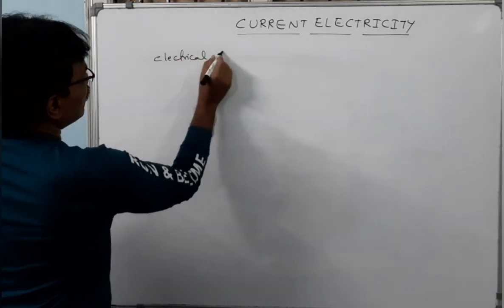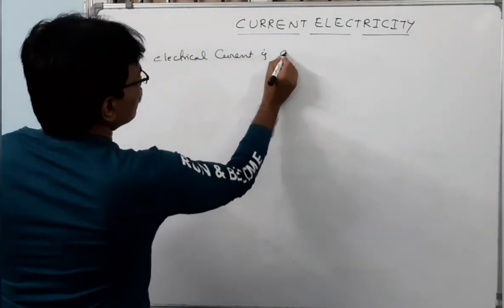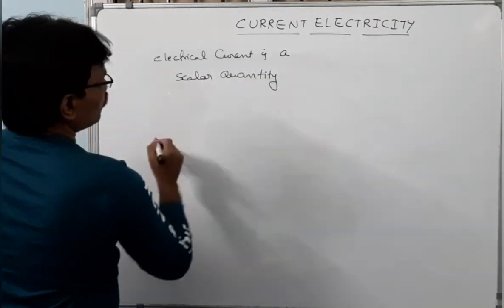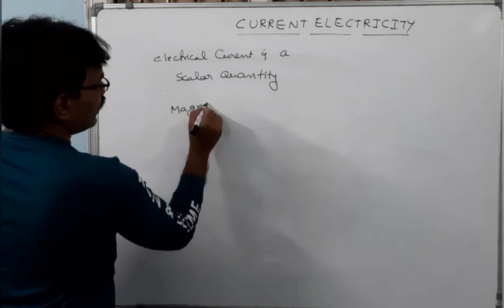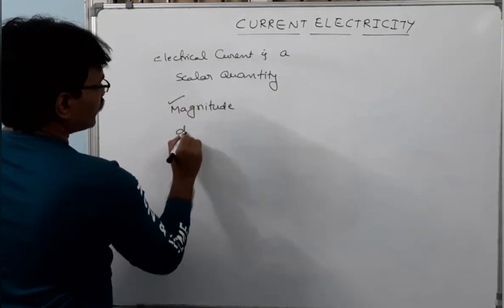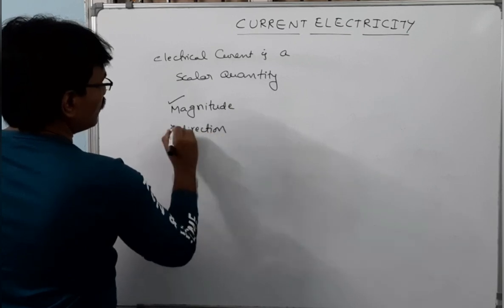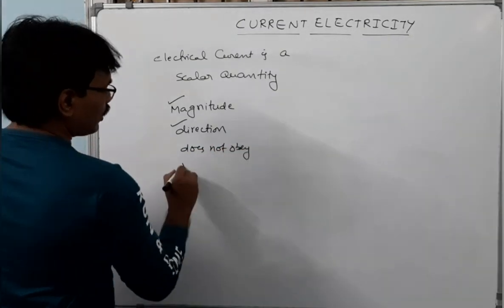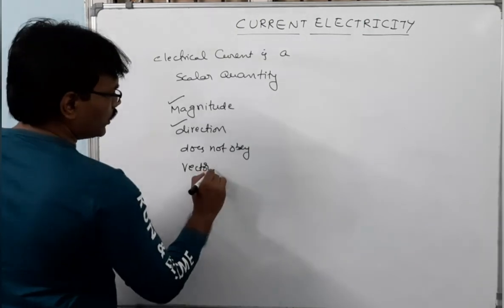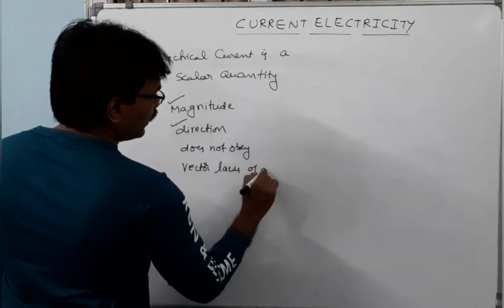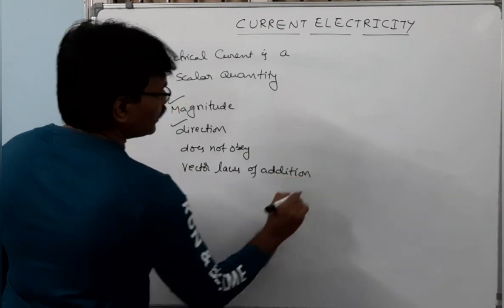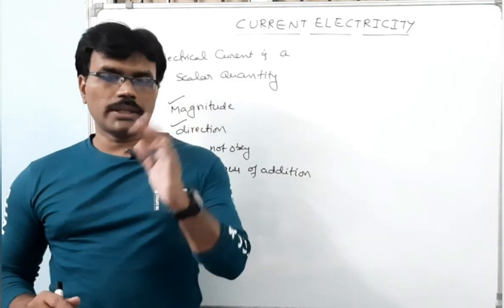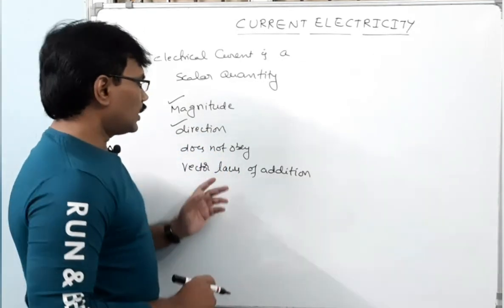It has magnitude and direction, but it does not obey vector laws of addition. That is why it is not treated as a vector quantity. Any physical quantity that has both magnitude and direction is not automatically a vector; it should follow the vector laws of addition, like the triangular or parallelogram law. Then only we say it is a vector quantity.